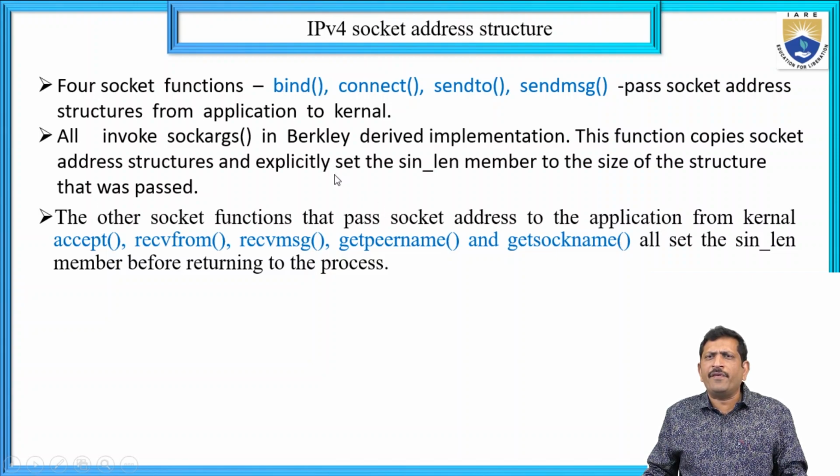Then the other socket functions pass the socket address to the application from the kernel, that is from the server to the application. These are accept, recvfrom, recvmsg, getpeername, and getsockname. getpeername means it may be the client; peer names are client names, and that can also mean a domain name.